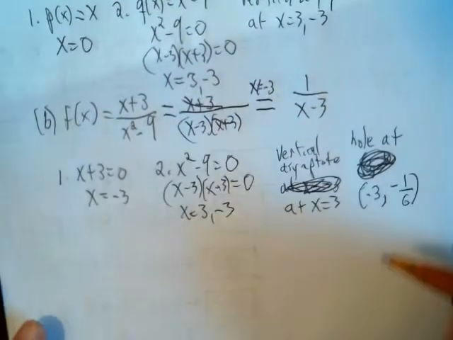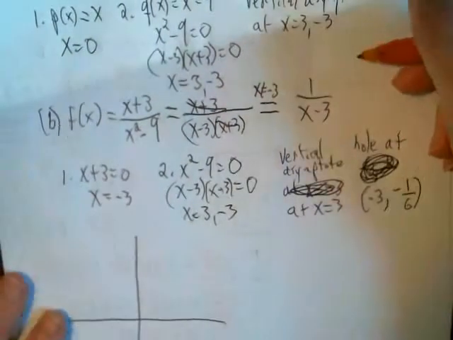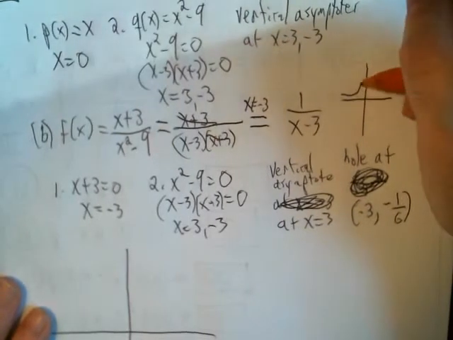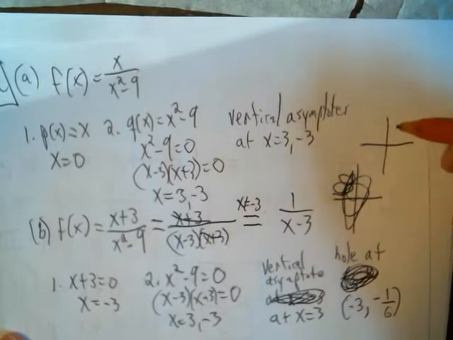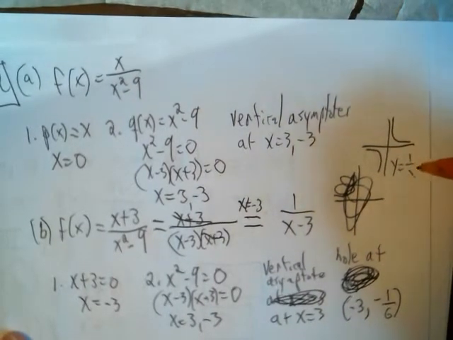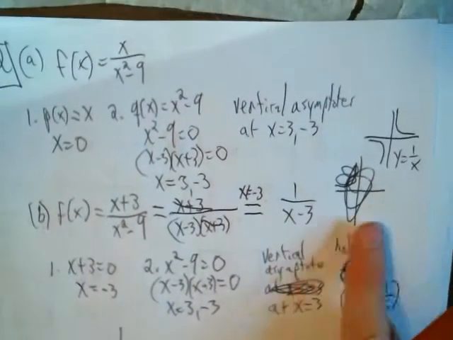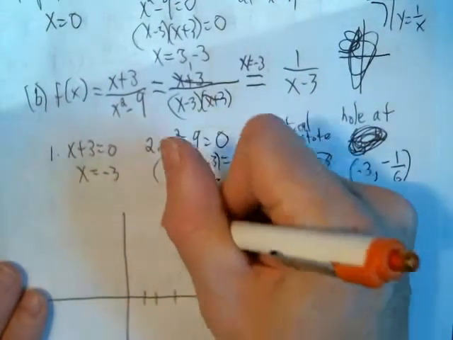So anyways, let's take a look at what this thing looks like. We should be able to graph it just using our notions of fundamental graphs. The fundamental graph we're doing is a rational function. It looks like this. This was the graph of y equals 1 over x. And then this character here, 1 over x minus 3, is just a shifted version of this. It shifts it over 3 places, 1, 2, 3.